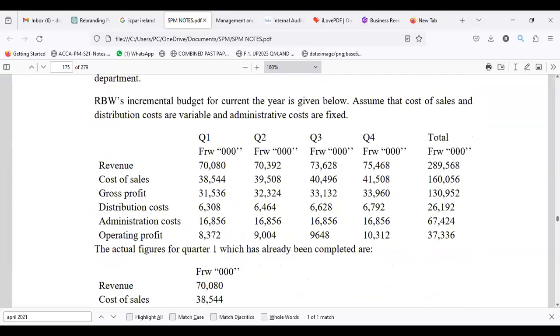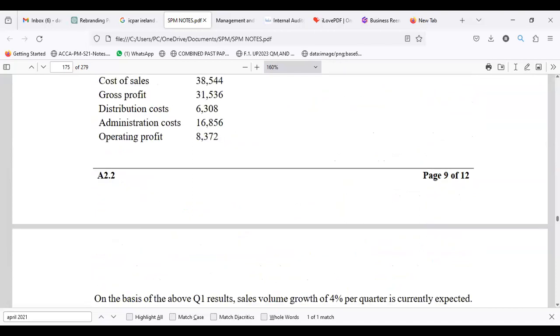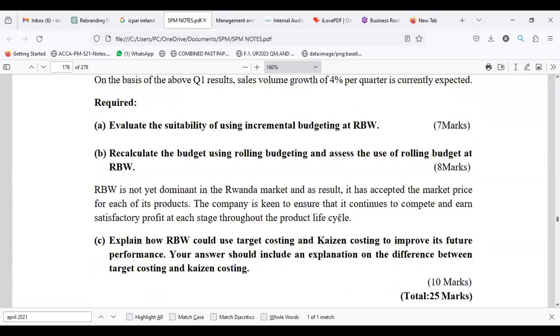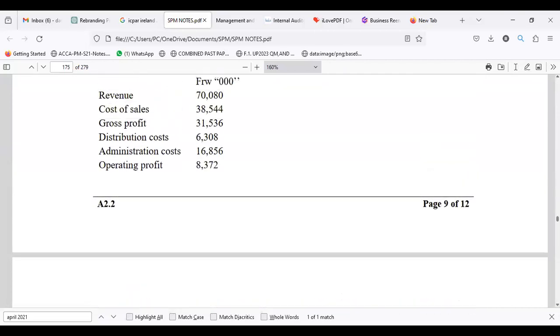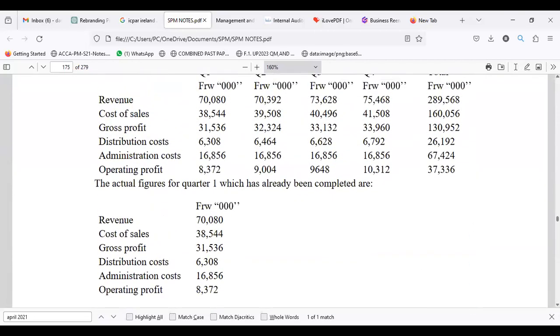So if you check, it appeared in this section. This one is also a rolling budget. They asked the student to, of course, do the rolling budget for that. So this carried 8 marks, sorry. The other one carried 11 marks. So the question was set, and it's there, as you may notice.